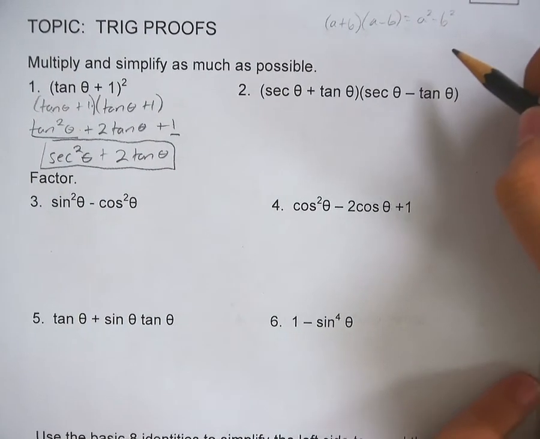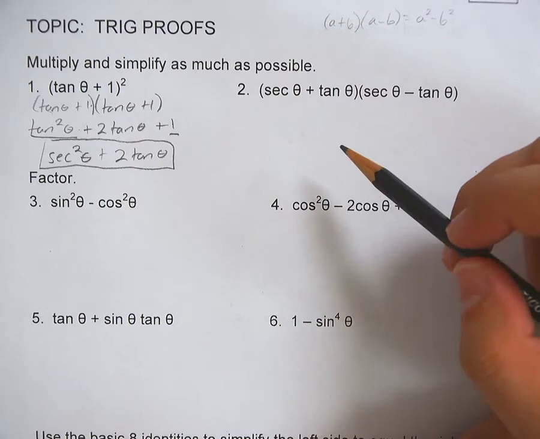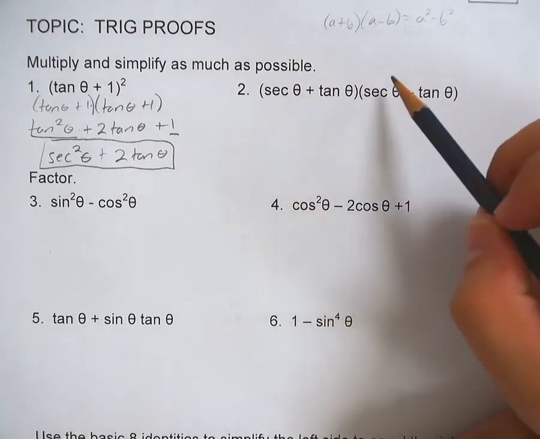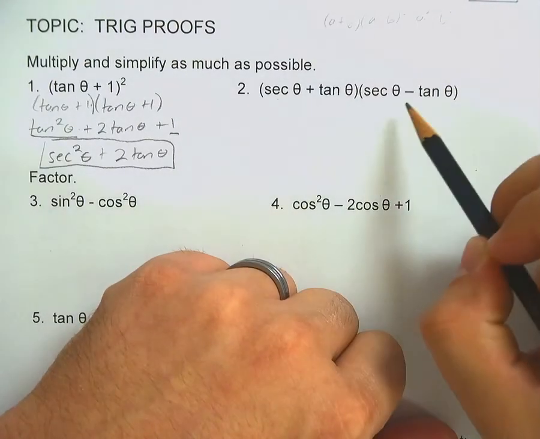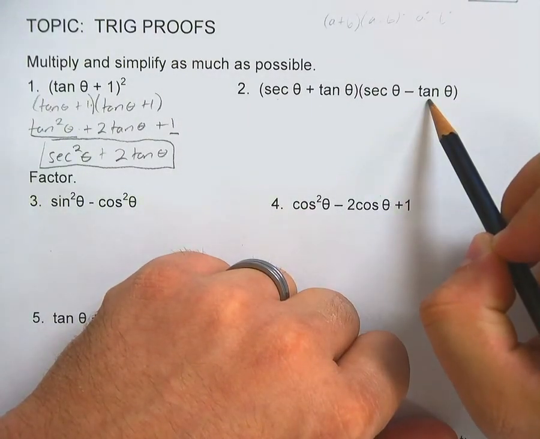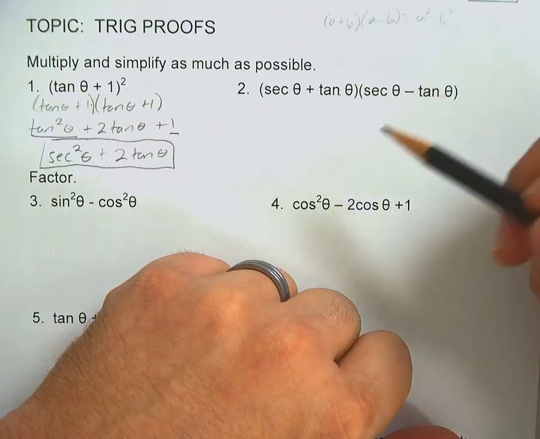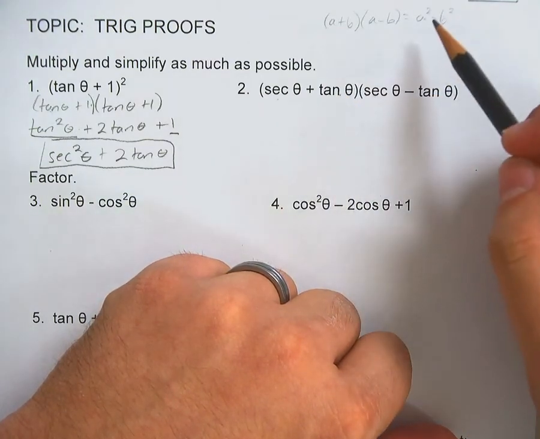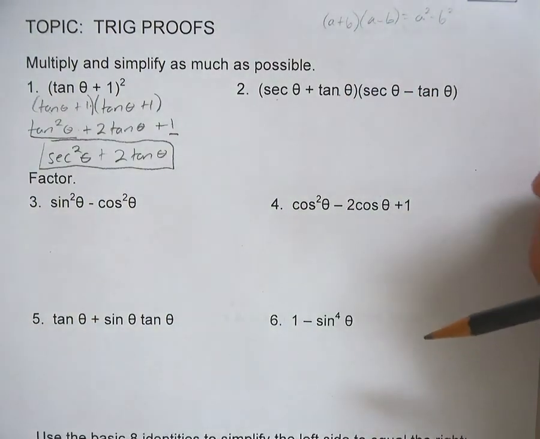It's called the difference of two squares formula. If you ever forget that, just multiply it. Secant times secant is secant squared. Secant times negative tangent is negative secant tangent. Secant times positive tangent is secant positive tangent. So those two would cancel out. That's why there's no middle term here. And then tangent times negative tangent is negative tangent squared.